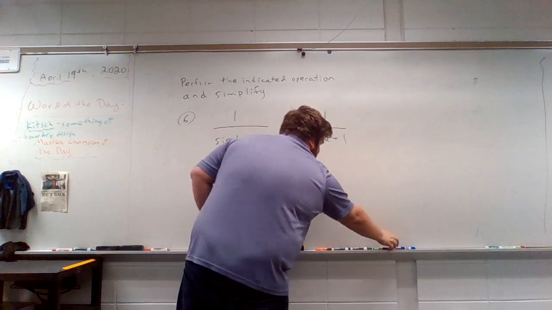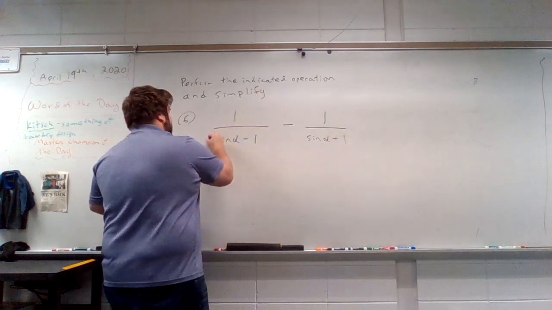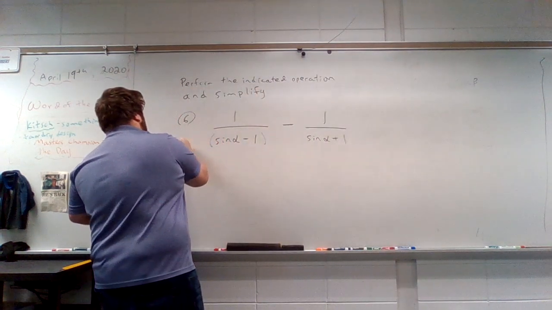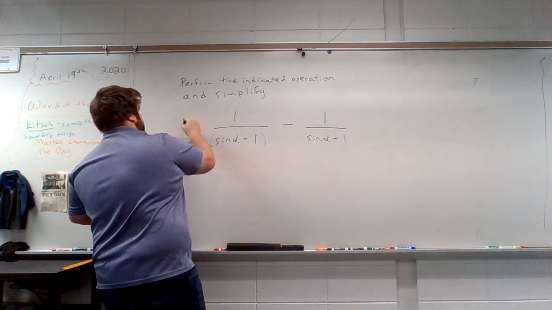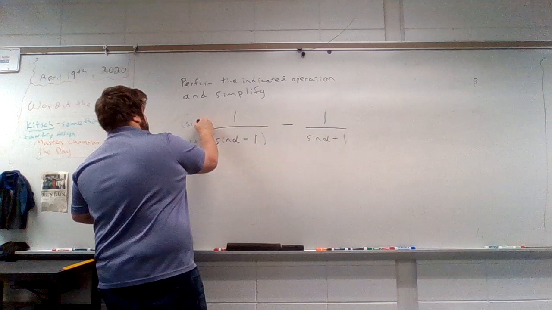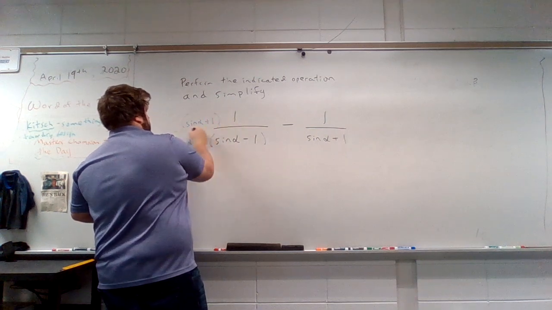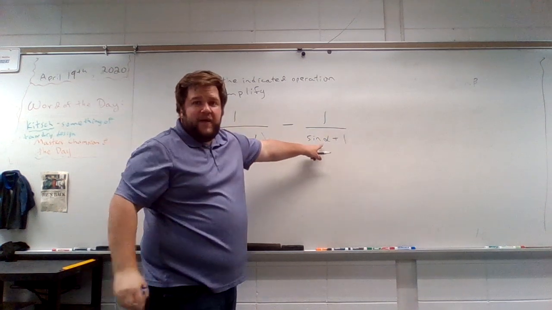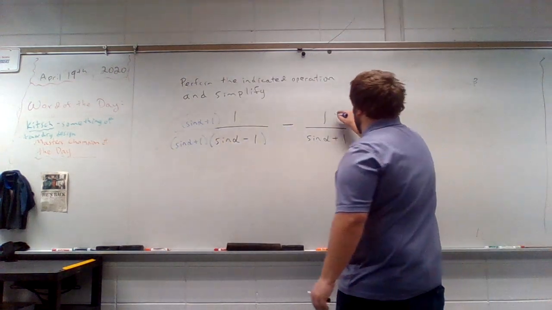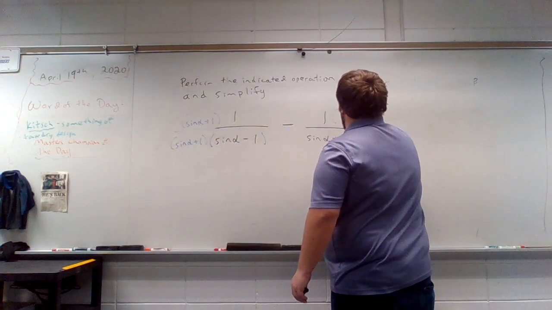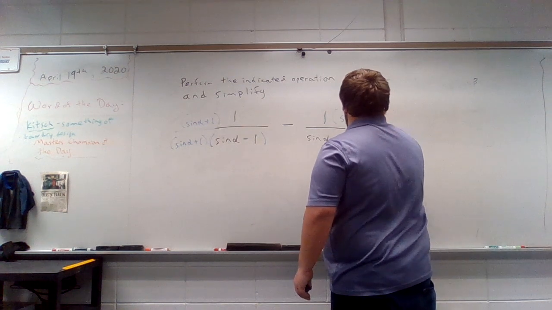Let me grab a blue marker here. So I would have to multiply this guy by sine alpha plus 1. And I would have to multiply this guy by what? The sine alpha minus 1. Okay, and this way I can get a common denominator, right?